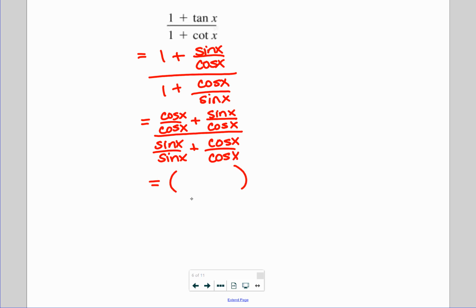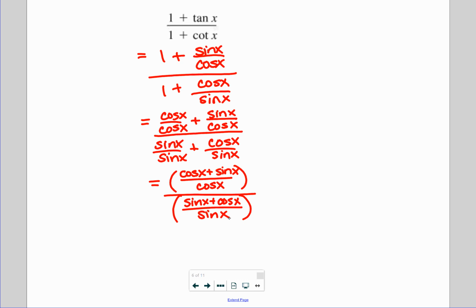My numerator, I'm going to put in parentheses just so it makes sense, is cosine plus sine over cosine. My denominator is sine plus cosine over, I did something wrong there. What did I do? Oh, I wrote a cosine instead of a sine. There we go. Over sine. Okay, so the common denominator in the numerator was cosine.